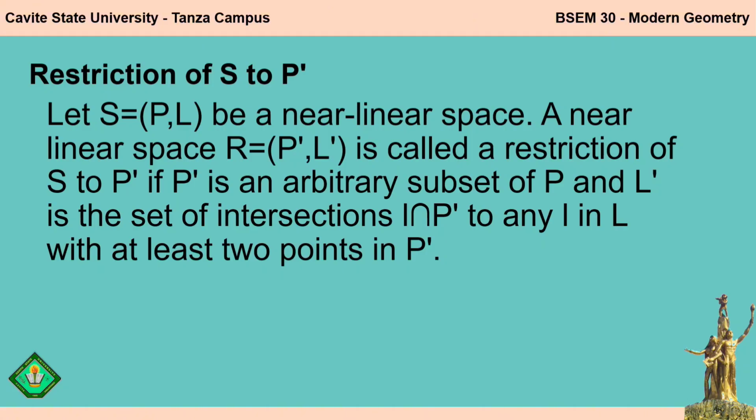So what does this mean? What happens if we look at some of the points in the space? The idea of restriction allows us to take a subset of the points and see what geometry remains. If we pick a new set of points P prime, then the lines in our restricted space are just the parts of the original lines that pass through at least 2 of the points in P prime.